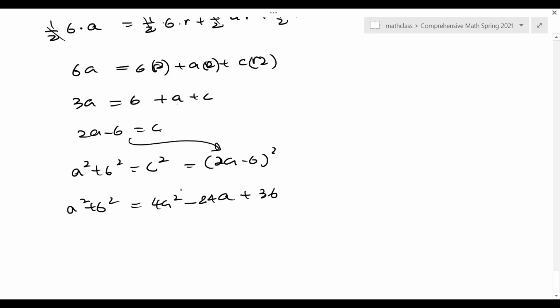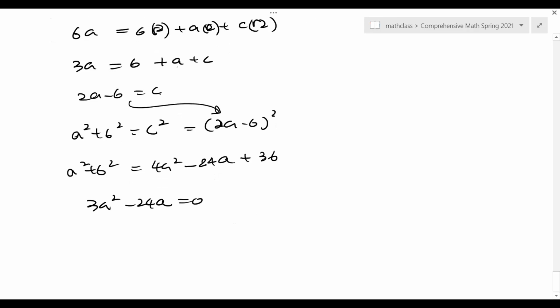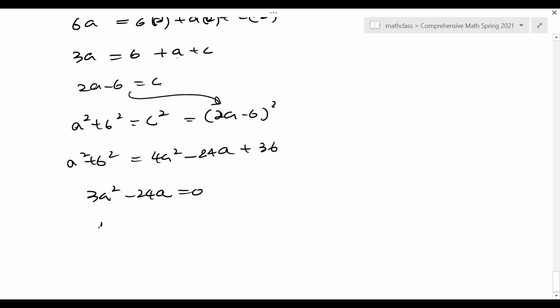You get a quadratic equation: 3A squared minus 24A, and that's going to be 0, because 36 on both sides cancels out. So you get A squared minus 8A equals 0, and A cannot be 0, so A must be equal to 8. So you get a very nice integer.